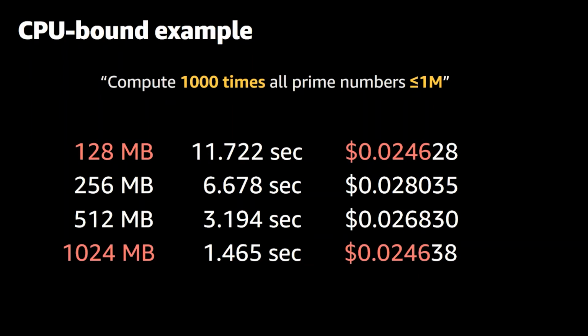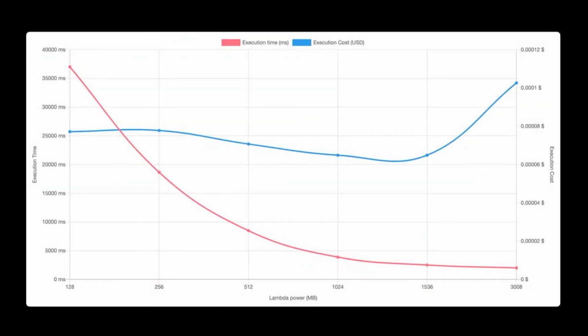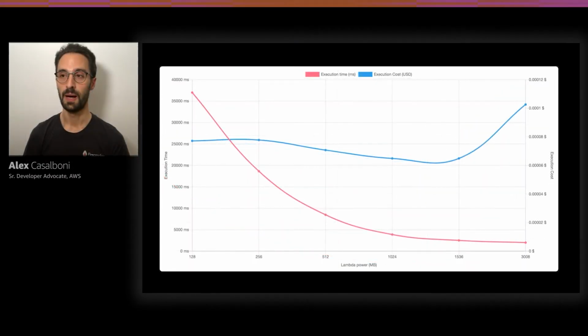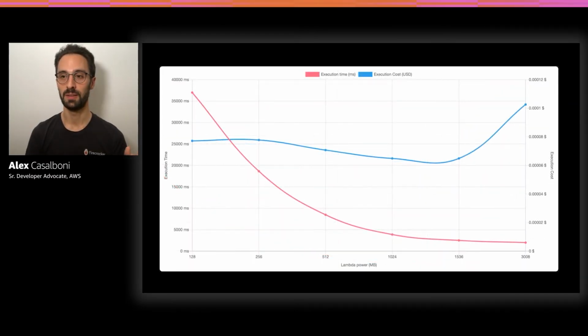So let me show you that visually, okay? We'll see a lot of these charts. Let's imagine that the red line is execution time and the blue line is execution cost. As you can see, when we add more power, and you see that on the x-axis, from 128 up to 3 gigabytes, the execution time goes down very quickly.